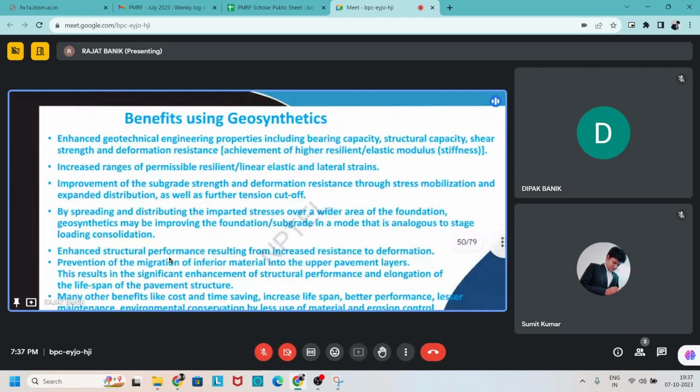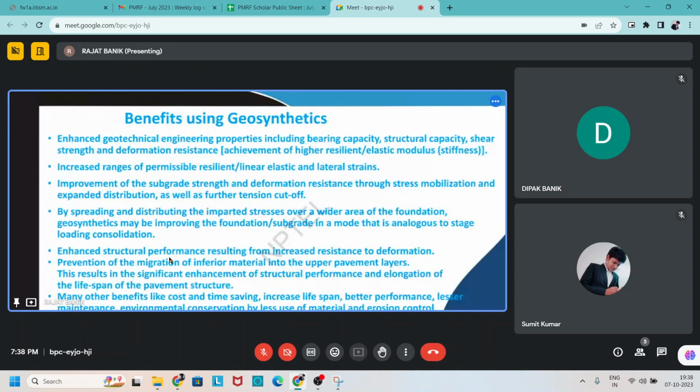So we're discussing the benefits of using geosynthetics. It enhances the geotechnical properties, including the bearing capacity, structural stability, shear strength, and deformation resistance, and achievement of higher resilient elastic modulus stiffness, and a greater range of permissible linear elastic and lateral strain.